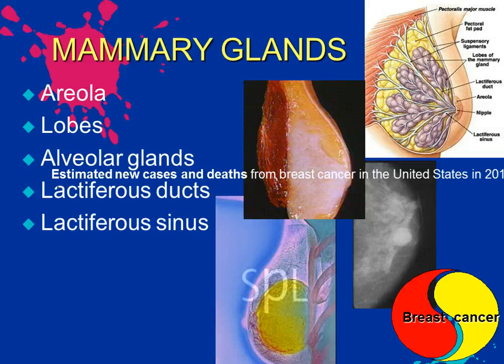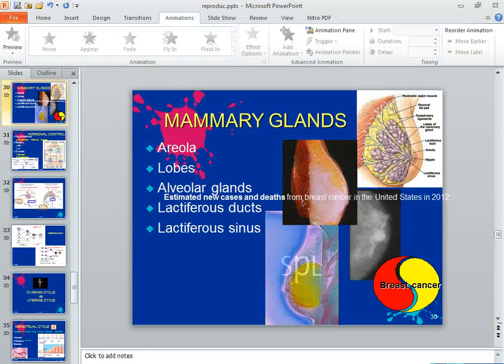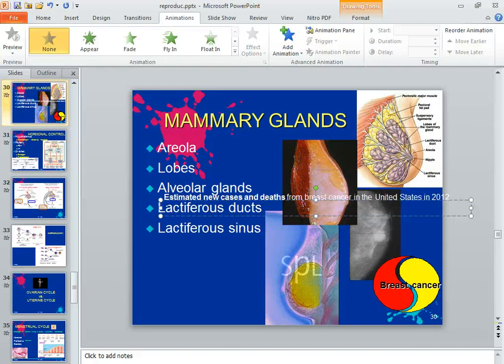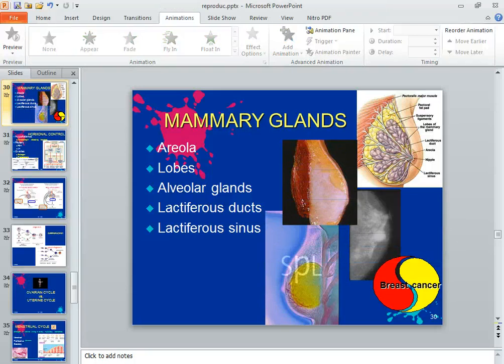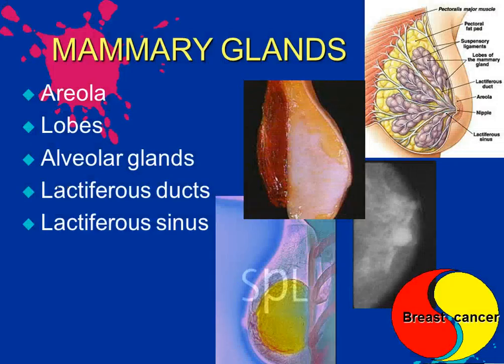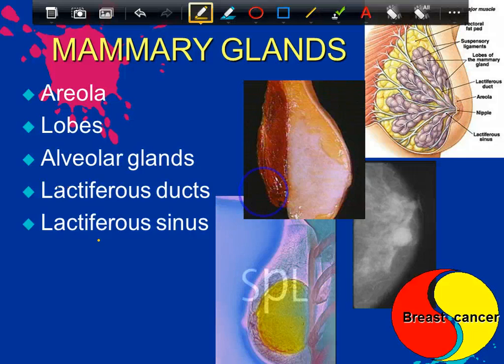Mammary glands. I'm going to talk more about breast cancer in a real lecture, so I'm not going to get into it now. Okay, so you're looking at mammary glands, and a couple things you see over here.